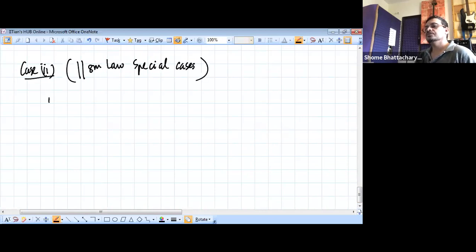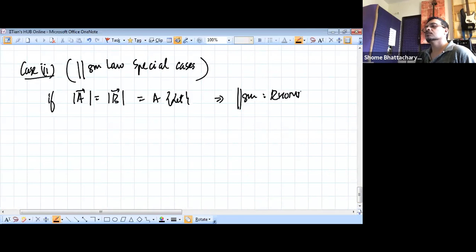If magnitude of A is equal to magnitude of B, suppose that is some A, that means the parallelogram is a rhombus. Now a rhombus has certain important properties which you should remember. Properties of a rhombus.